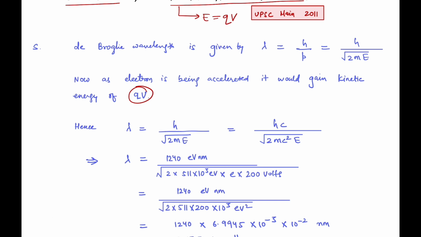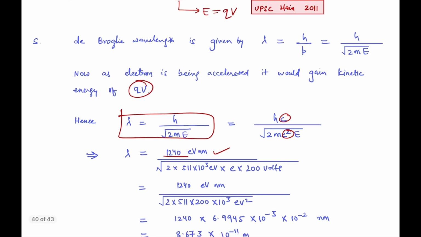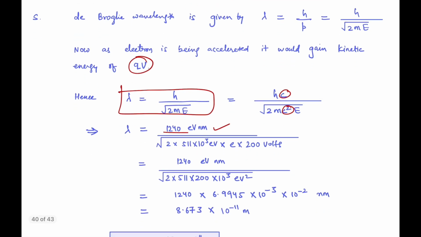Now we are using this formula, and we are multiplying it by c in both numerator and denominator to make our calculation easy, because we have the ready-made value of hc, that is 1240 electron volt nanometer. Here c, when it comes under the root, is going to come as c square.